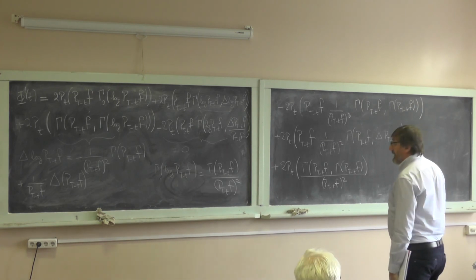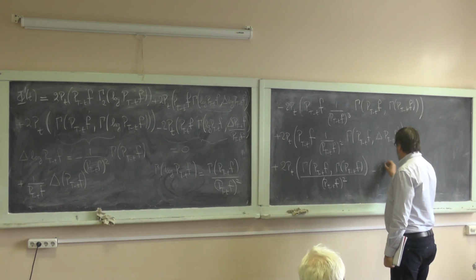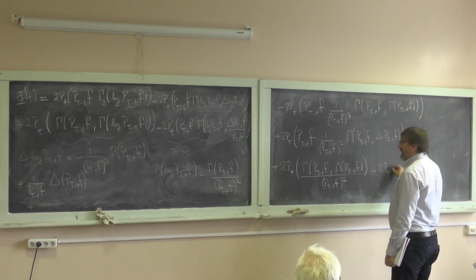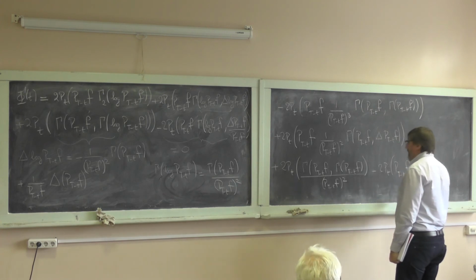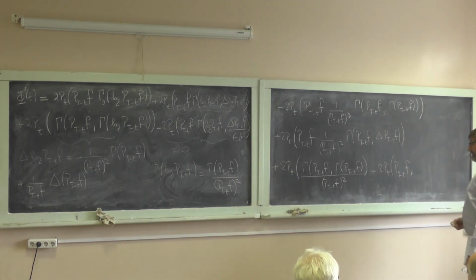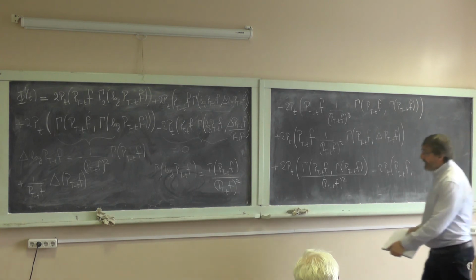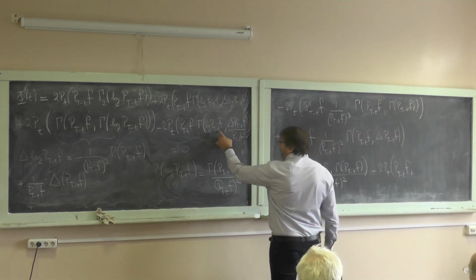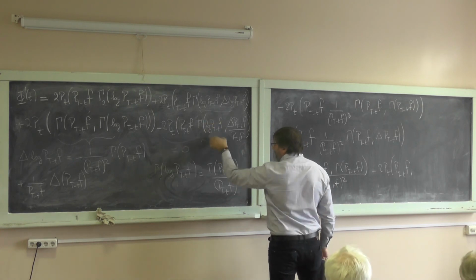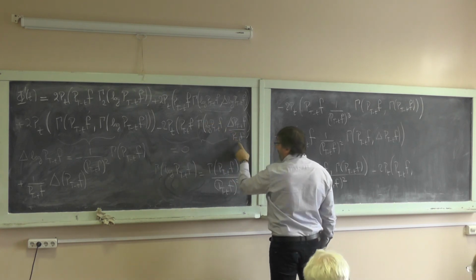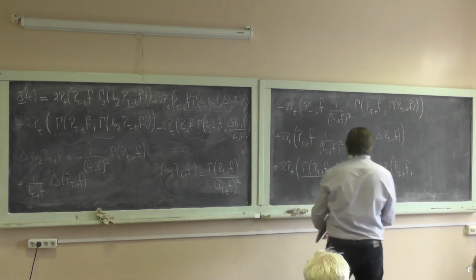And then finally I have minus 2pt, pt minus tf, and then I have gamma of this. Gamma of this is going to be gamma of this guy divided by this guy. And I have an extra guy here.